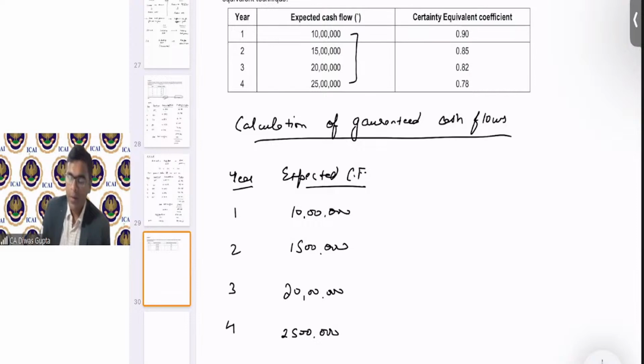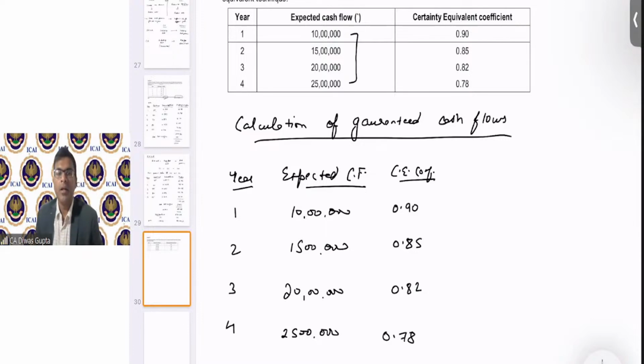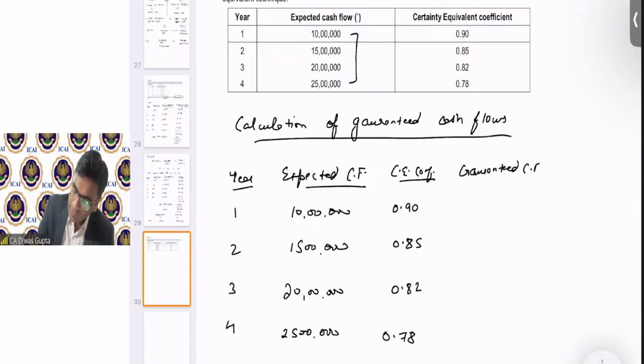Okay, students. Then the CE coefficient is how much? 0.90, 0.85, 0.82, 0.78. Hence, the guaranteed cash flow will be 10 lakh multiplied by 0.9, 9 lakh.